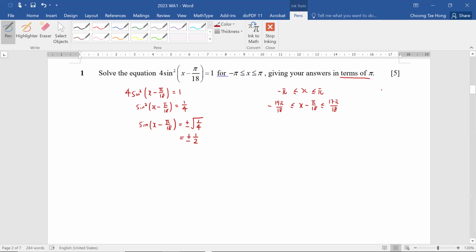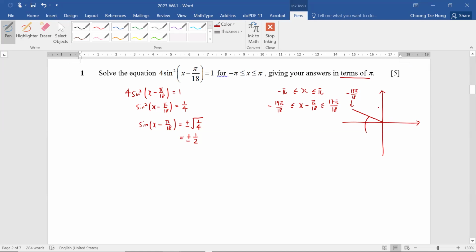Let's visualize a bit. How does this range work? From here to here, if you go in the clockwise direction, that's negative pi already. But we are going slightly more because we minus another pi over 18. So we are going to start searching from here.